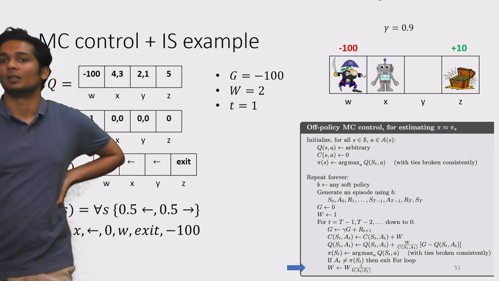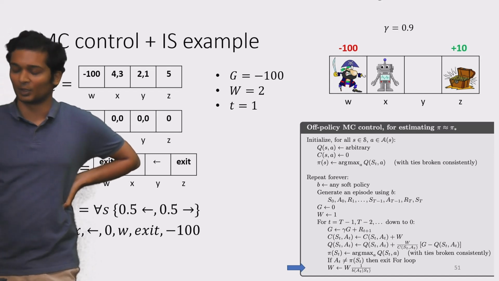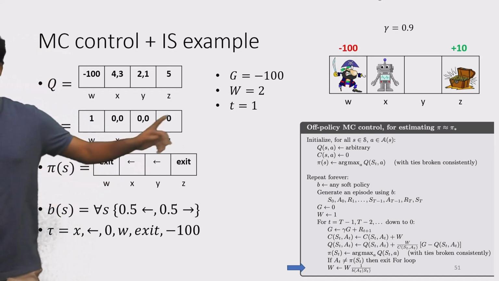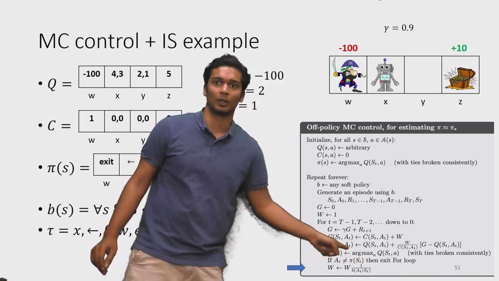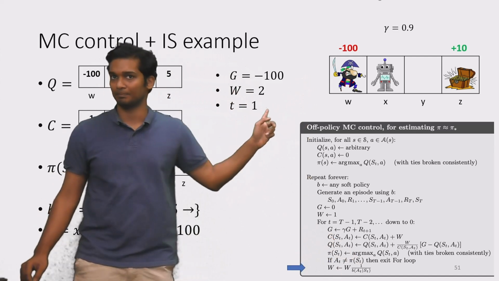So 1 over half will be 2. So W will now become 2.